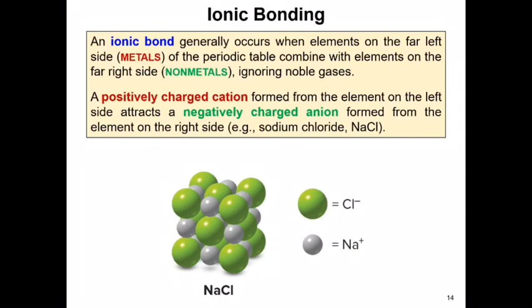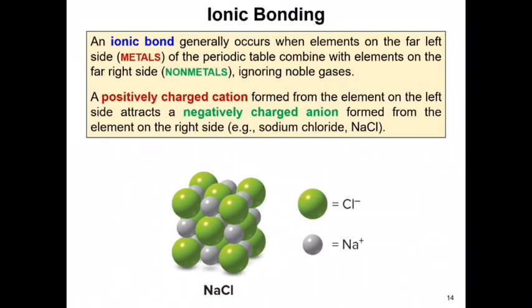As I've mentioned earlier, ionic bond forms in ionic compounds. Metals tend to lose electrons, whereas nonmetals tend to gain electrons. When metals lose an electron, it renders them a positive charge, and they are called cations. In contrast, when nonmetals gain an electron, it renders them a negative charge, and they are called anions.